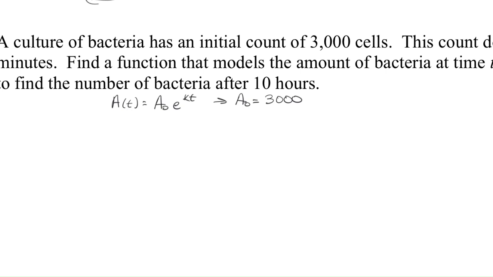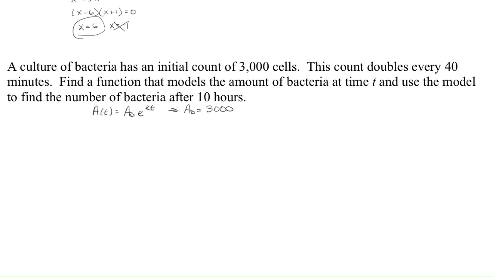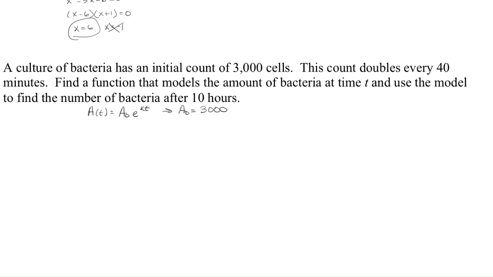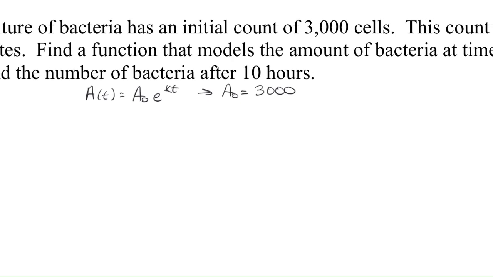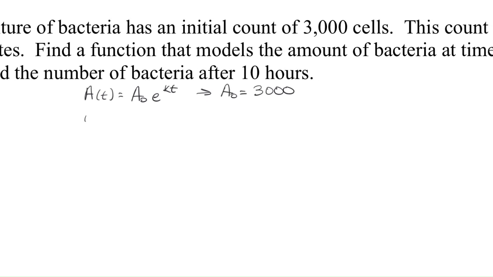Now what they have not told us is the growth rate, K, but they did tell us in here that every 40 minutes the count doubles. So when time is equal to 40 minutes, the future amount, A of t, is 6,000.